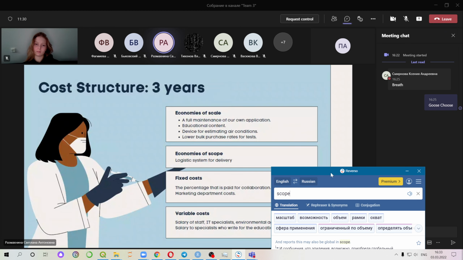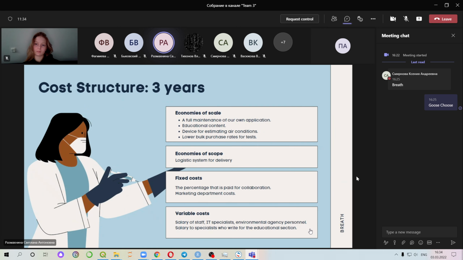Lower bulk purchase rates for tests. Also, economies of scale: a logistics system for delivery. Fixed costs: the percentage that is paid for collaboration to clinics for providing employees, to laboratories for doing tests, to the environmental agency for a special database on air condition, and the marketing department.